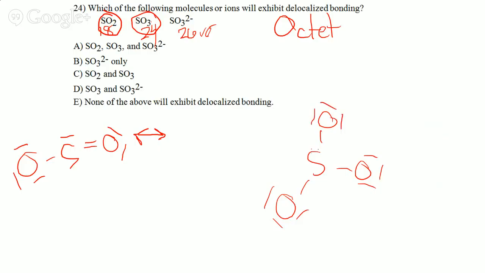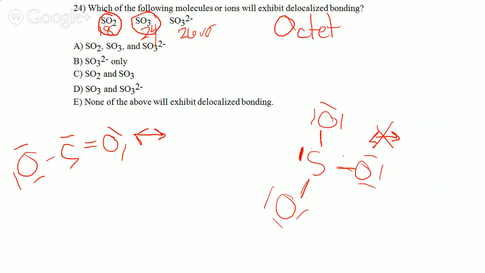And now we've only used 24 of our electrons. Where do the other 2 go? On the sulfur. Now that's why we don't need to make a multiple bond, because sulfur now has 8 valence electrons. So we don't need to show a double bond, which means we wouldn't have a resonance structure.